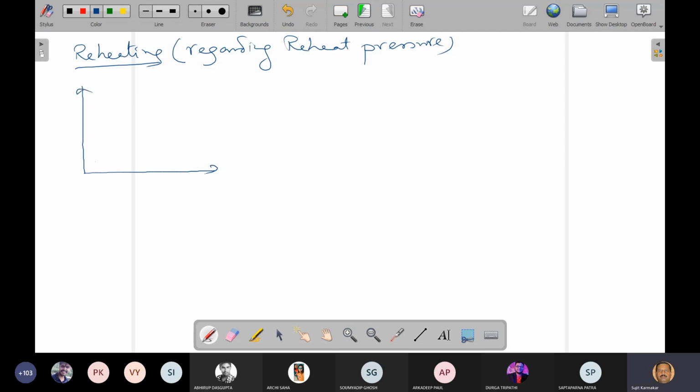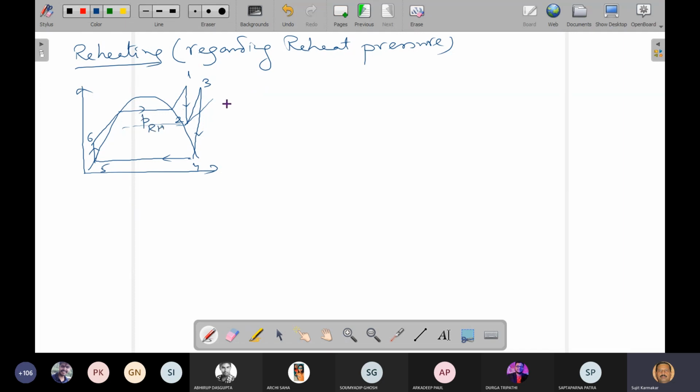Possibility number one: it is going to reheat, it comes down, but still it is in which zone? Superheated zone. So if you go this way, you can find that pressure is increased. So 1, 2, 3, 4, 5, and 6.